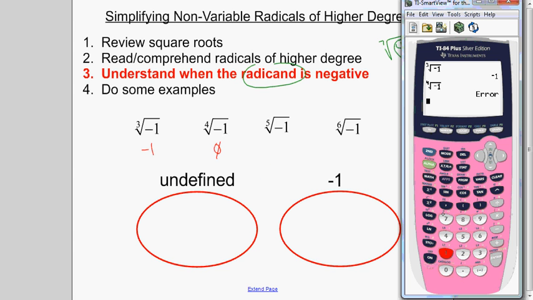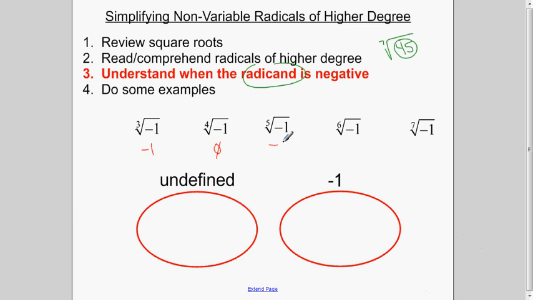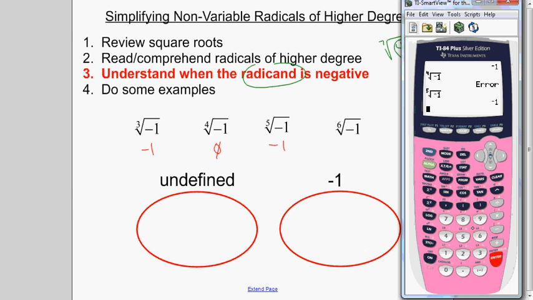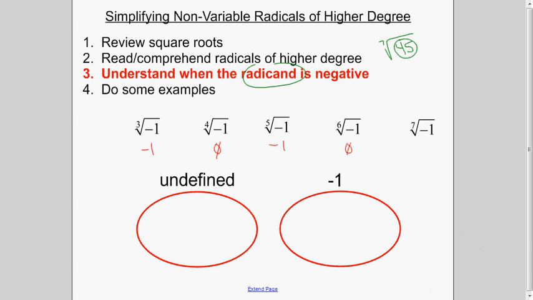And then if I went to the fifth root by doing 5 math 5 -1, I would get -1. And then if I did the sixth root by doing 6 math 5 of the radicand being -1, I would again get a non-real answer. So that's going to be undefined.